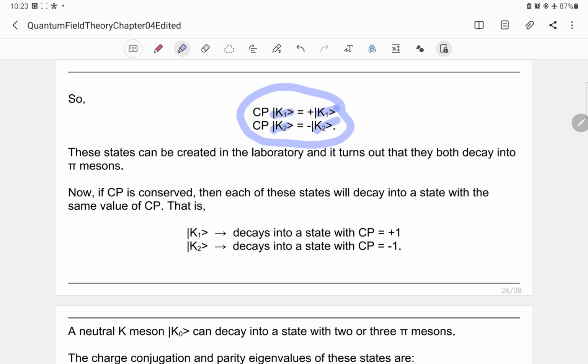These states can be created in the laboratory. It turns out that K1 and K2 both decay into pi mesons. Now in this case, since you have K1 here and K1 here and K2 here and K2 here, then your CP is now conserved.